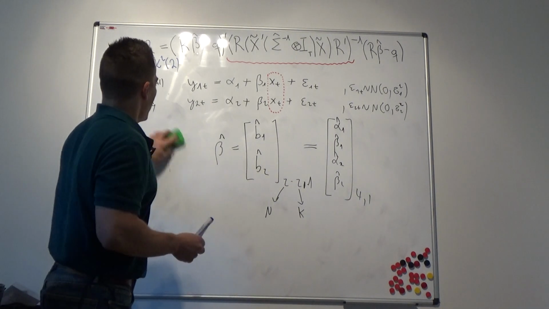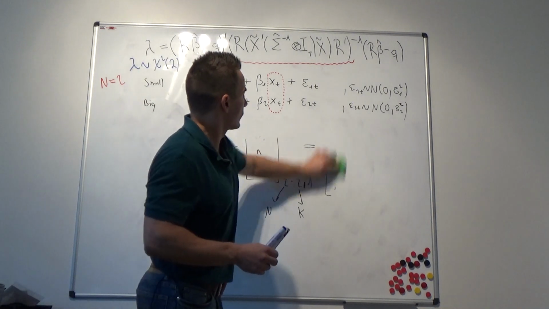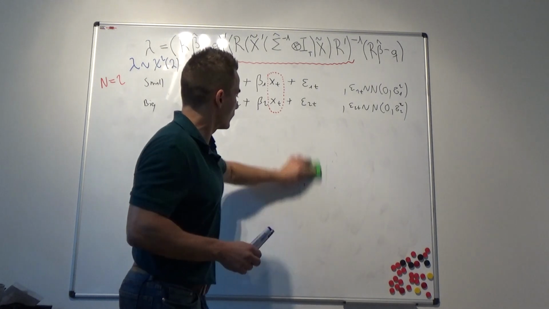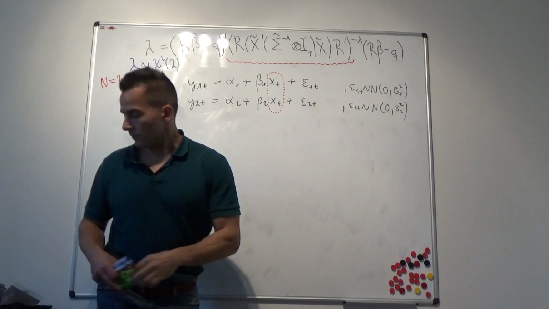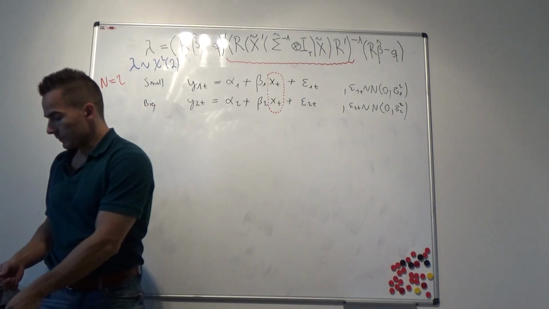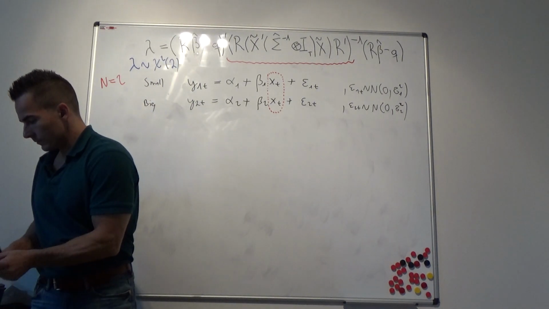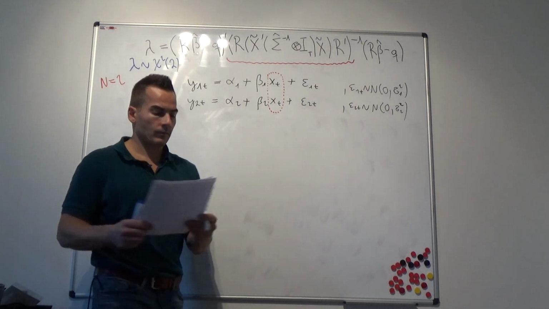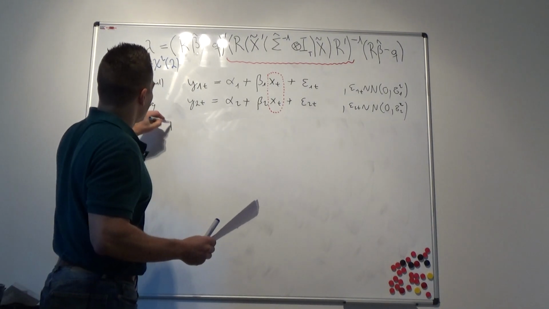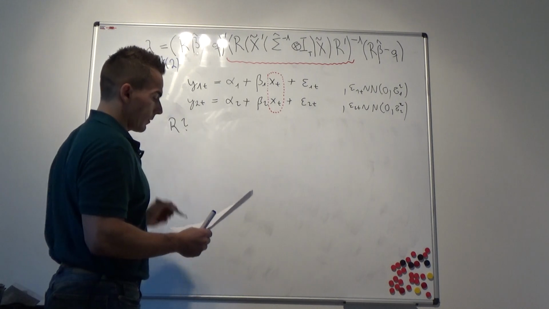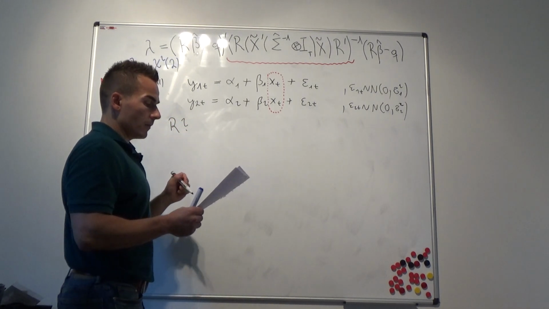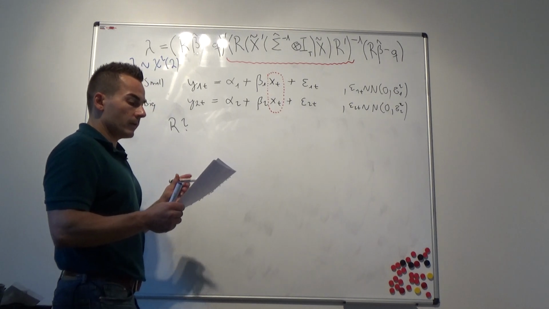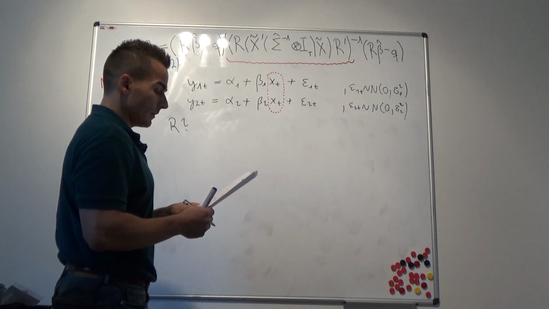So let's take this away. So what is r? Question mark. So r picks the parameter in the vector beta hat that is tested.